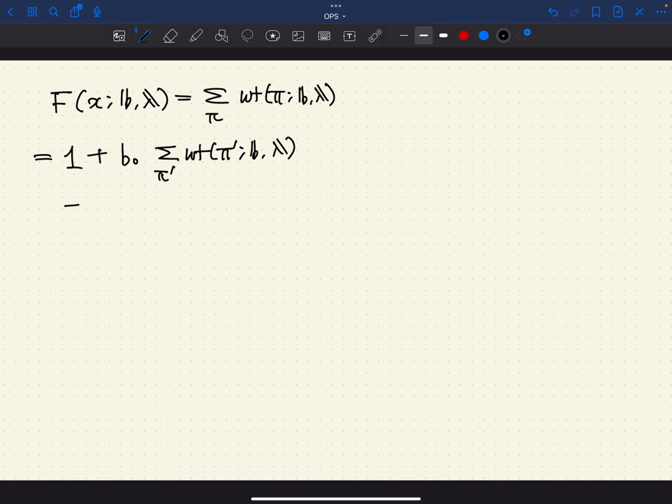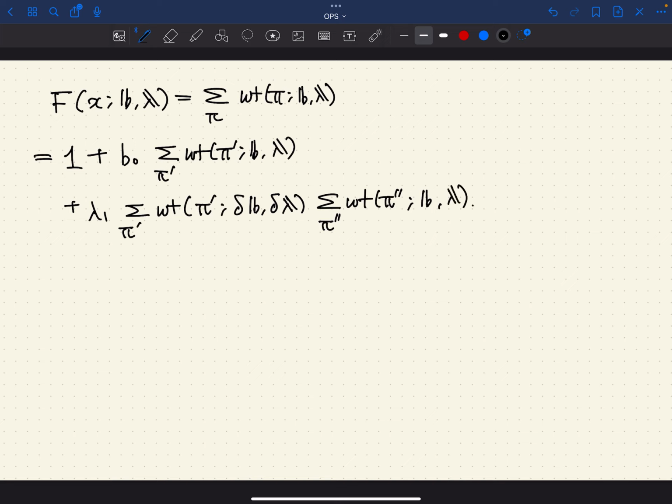And third case, lambda 1, pi prime, but here we have to shift the weight, and pi double prime. And this is the same. Okay? But if you look at this, this is b0, and this part is exactly F. Right? This is just F.